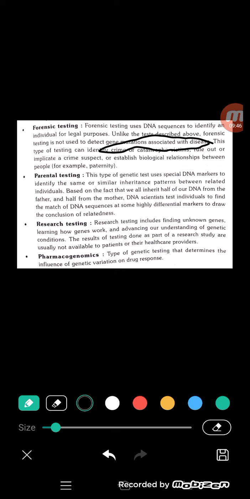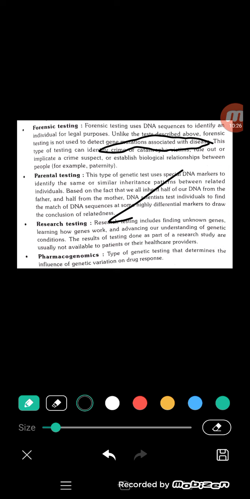It is based on the fact that we inherit half of our DNA from the father and half from the mother. Our body is made up of two DNAs, one part from the mother and one part from the father. A DNA scientist tests individuals to find a match of DNA sequences, using highly variable markers to draw a conclusion about relatedness. These are all determined by this testing.